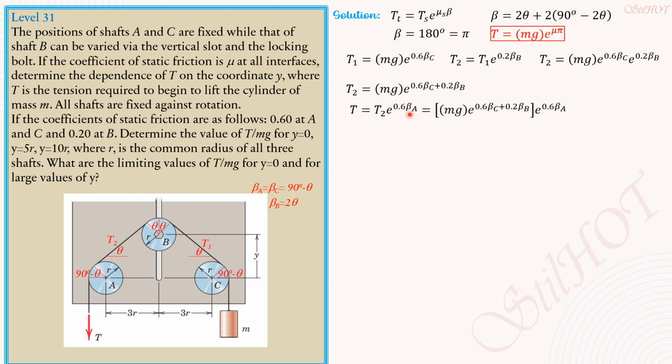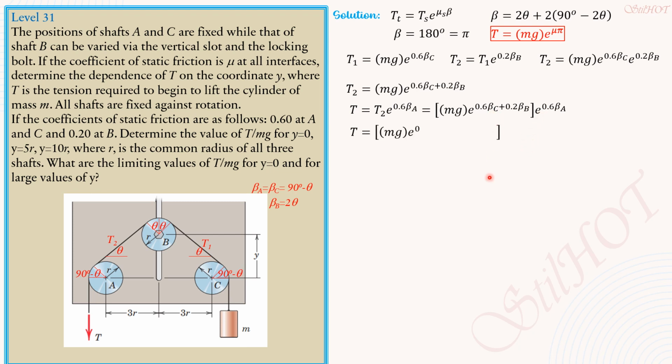Then we multiply it by e to the 0.6 beta A. Remember that beta A and beta C are equal, so we can combine and make it 0.6 quantity beta A plus beta C, or simply 1.2 beta A.